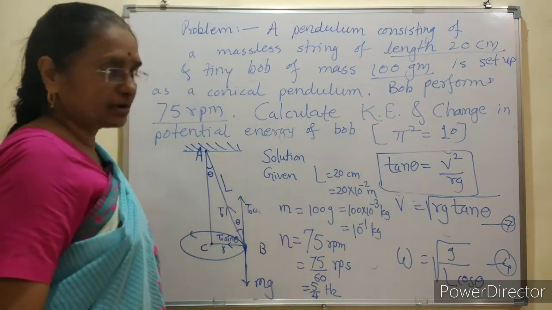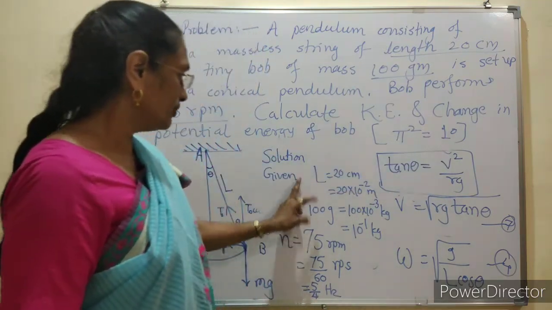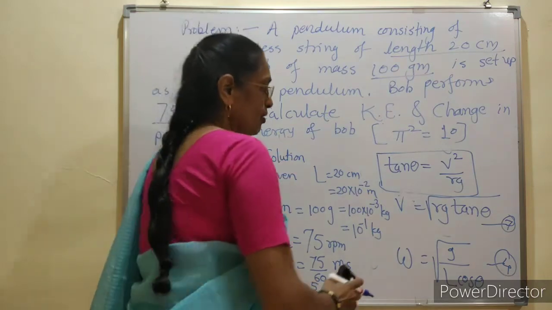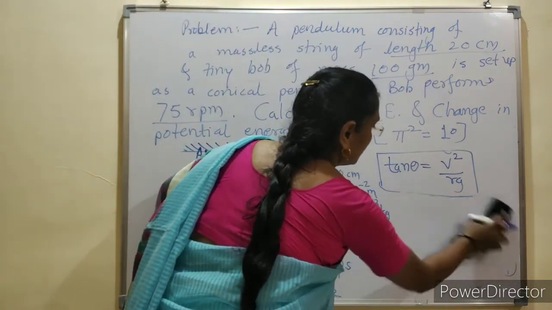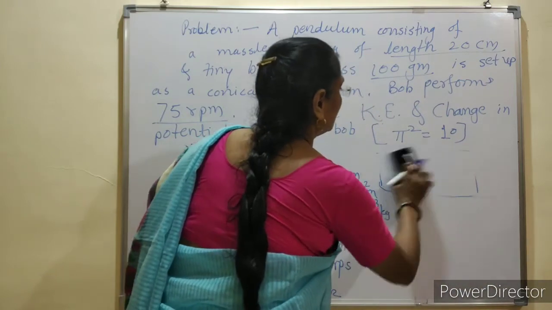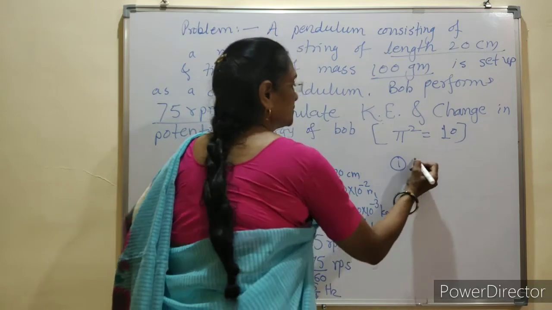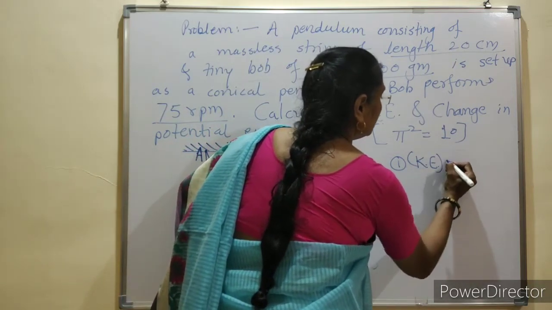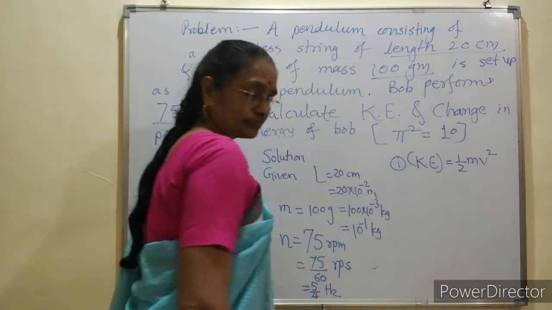Now from this data and the value pi square is equal to 10, we have to calculate the kinetic energy. How can we calculate kinetic energy? The relation for kinetic energy of a bob is half m v square.